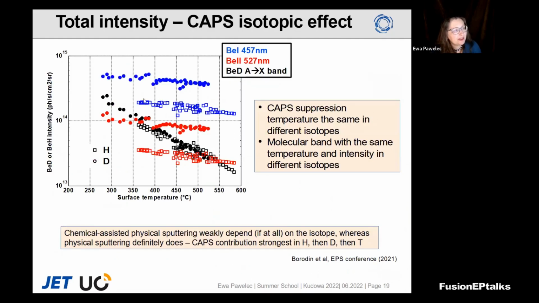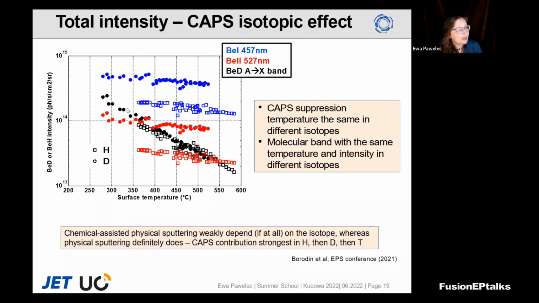Here you can see, I would say, a summary of what we know about such temperature dependence on the erosion due to chemical assisted physical sputtering.